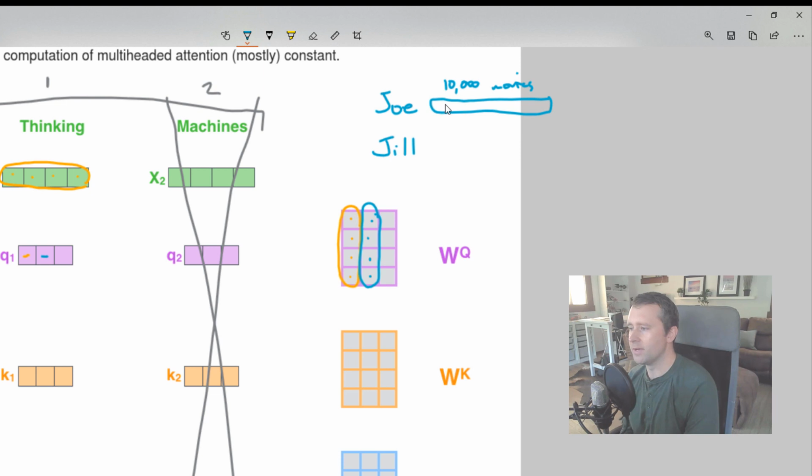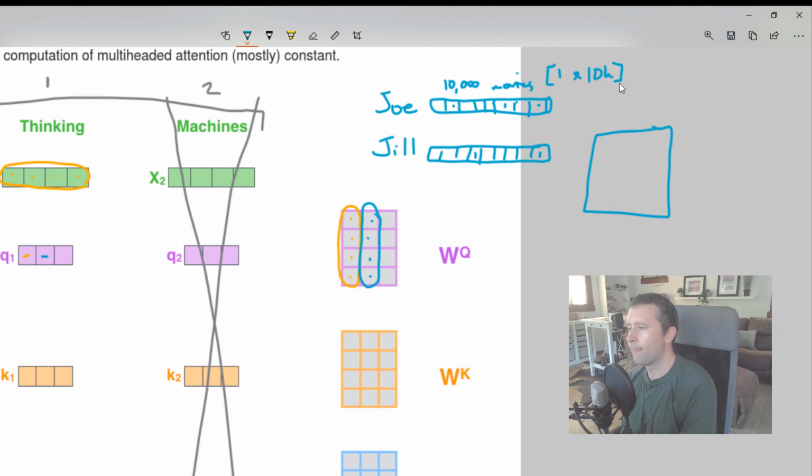And we've got ones wherever Joe has seen a movie, so let's put a 1 in there and a 1 there. And then Jill's seen a different set of movies. And there's a projection matrix. So this vector is 1 row by 10,000 columns, and then this matrix is 10,000 rows by, let's say, 100 columns.